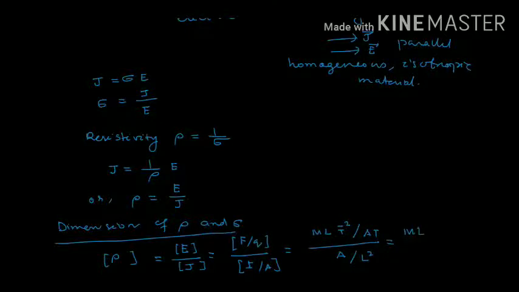So M L T to the power minus 3 A to the power minus 1 divided by A L to the power minus 2. So dimension of rho is M L cube T to the power minus 3 A to the power minus 2.